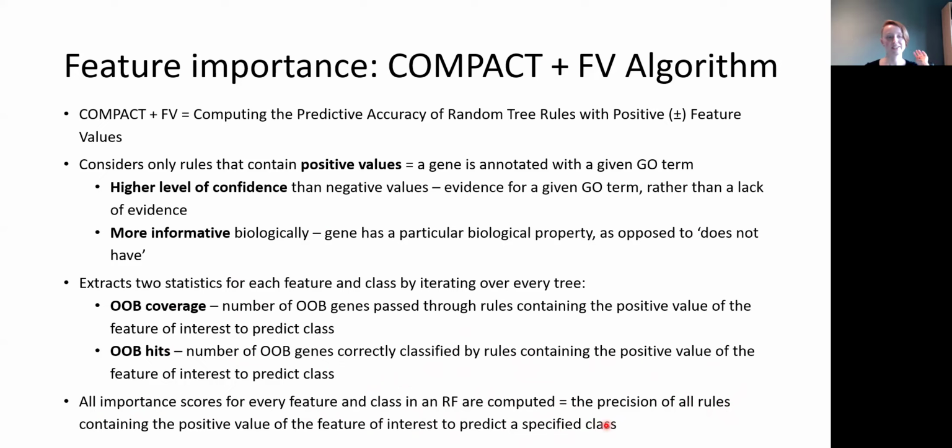What this means is that we can pull out GO terms that are important for classifying underexpressed genes, GO terms that are important for classifying overexpressed genes, and also those that are important for classifying the genes that do not change. And we can pull those apart separately so that we can look at what each of the GO terms are for each of those classes.